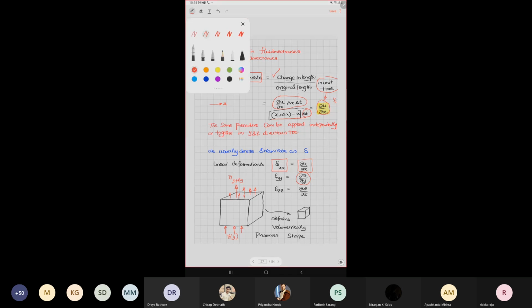Similarly, in the z direction, W at z plus delta z is the velocity with which it moves, and the back one moves with W. So the strain rate in the z direction is epsilon zz, del W by del z. Sometimes we use superscript, sometimes subscript, but the meaning is surface and force directions. We have to be careful with that.